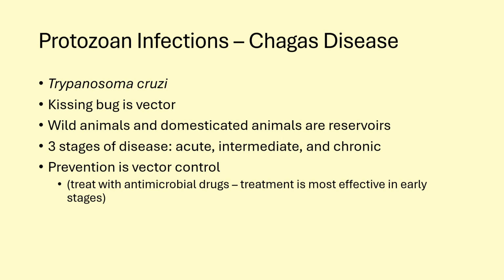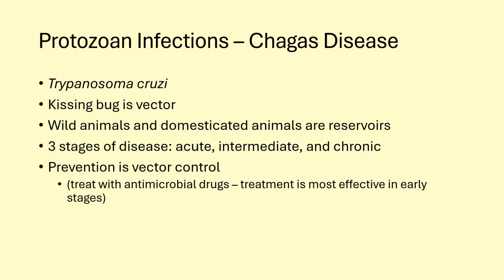Vector control. Some of these are insects, the different arthropods. Depending on where you live, say like mosquito, you may have good mosquito abatement controls where they spray, you don't have standing water around. In some places, whether it's mosquitoes, flies, kissing bugs, whatever, some people put netting over their beds.